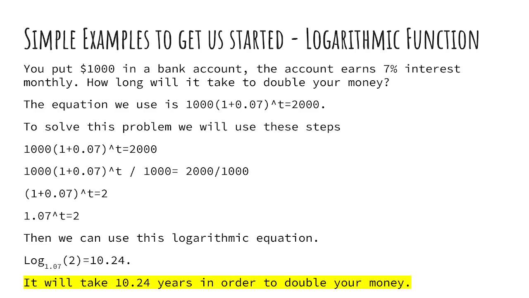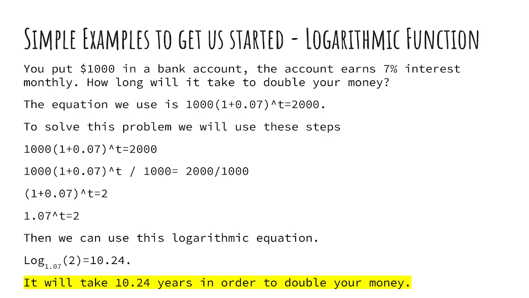To solve this problem, we'll use these steps. Go ahead and write this out: 1000 times (1 plus 0.07) to the power of t equals 2000. Then we divide both sides by 1000 because we need to get 1 plus 0.07 to the power of t on its own.